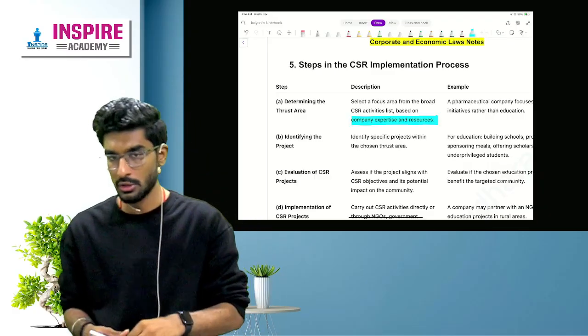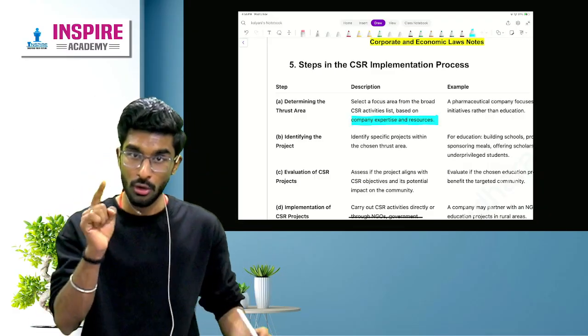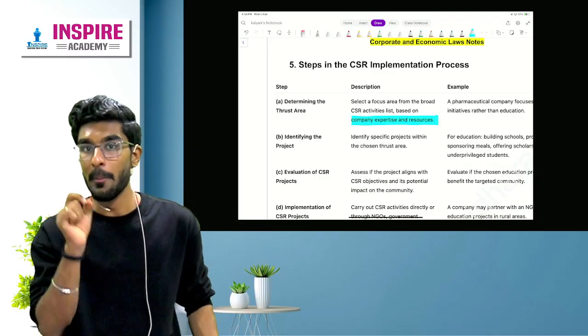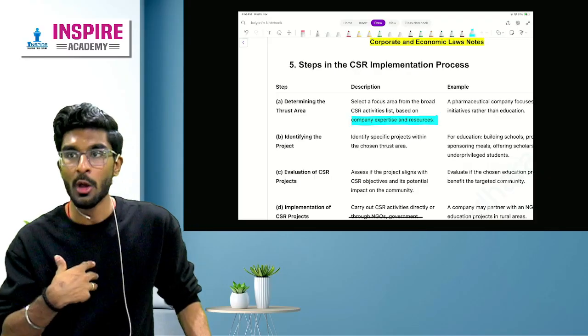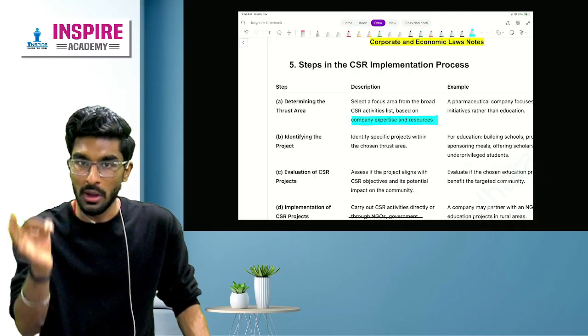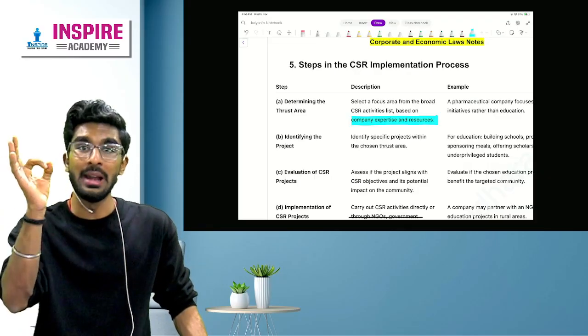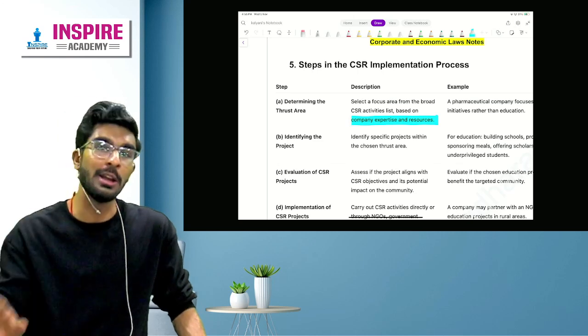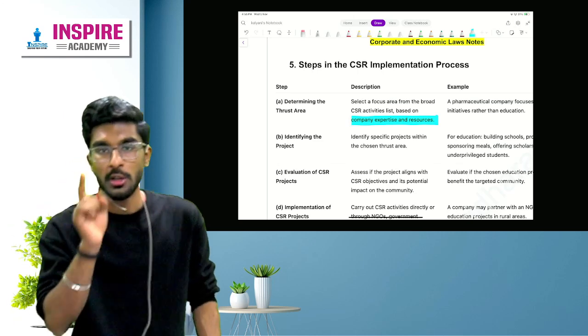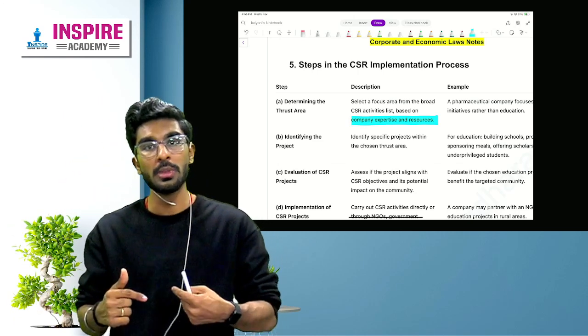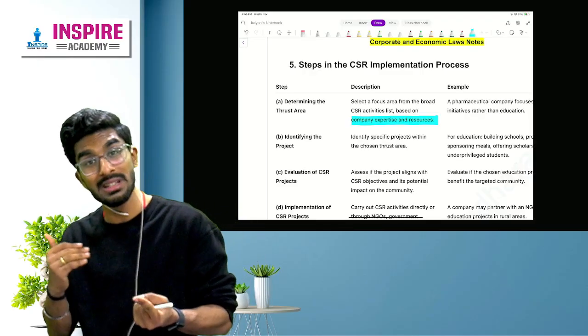Right, people? If you want to incur 40 lakh and you know your industry very well, you are going to make sure the 40 lakh is incurred in a wise manner. So if you are into healthcare, you should give priority to healthcare only.